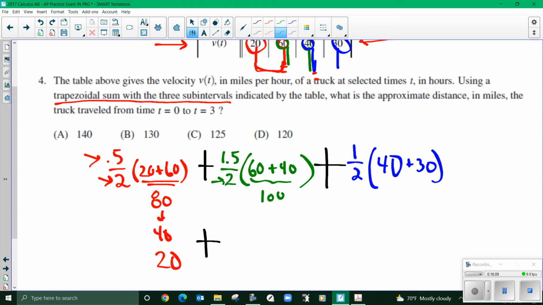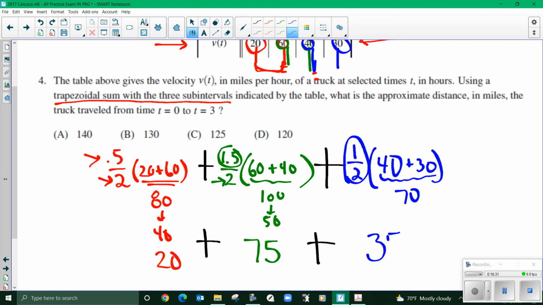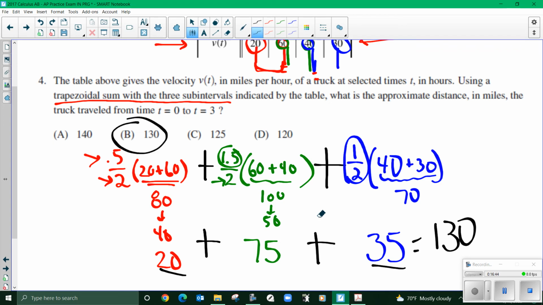I cut it in half, that gives me 50. 50 times 1.5 is 75. Plus 40 and 30 is 70. Half of that is 35. All right, well, I have 20 and 35 is 55 plus 75, well, 130. Choice B. That's not too bad.